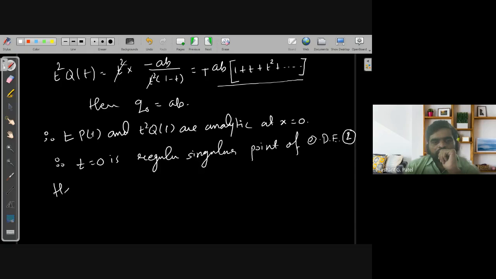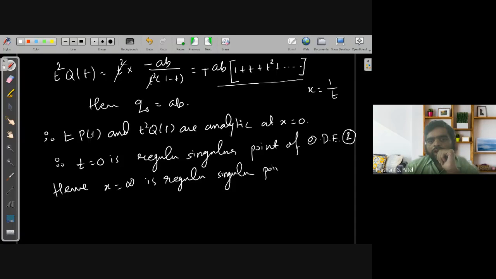So hence what we can say, the value of x is 1 upon t. So hence x equal to infinity is the regular singular point of ODE 1, because the ODE 2 comes from the first equation by replacing x equal to 1 upon t.